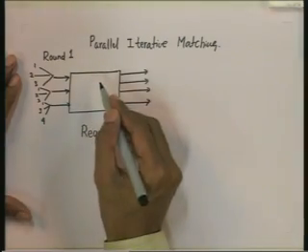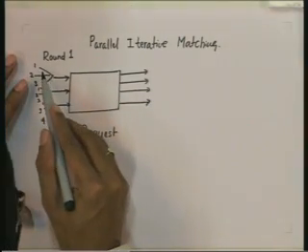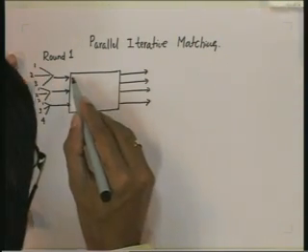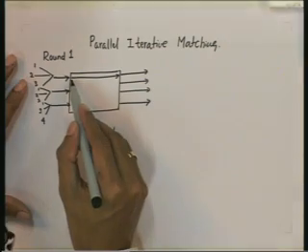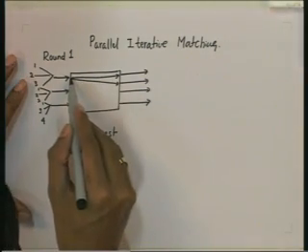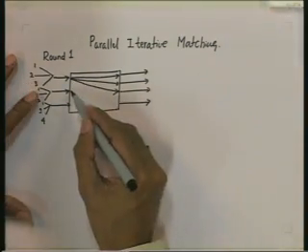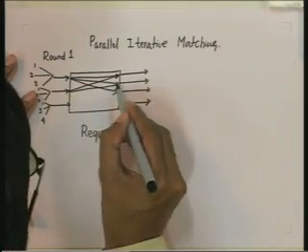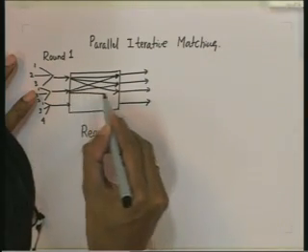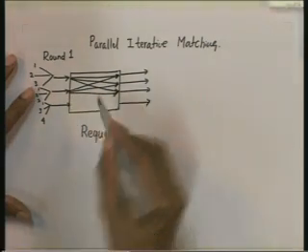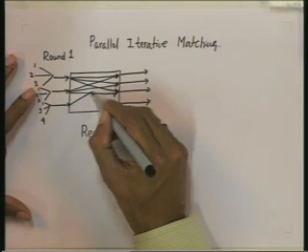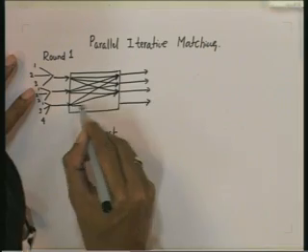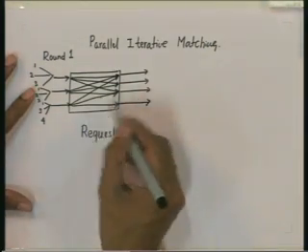This input port has packets to send to output port 1, output port 2 and output port 3, so it will send a request to output port 1, output port 2 and output port 3. Similarly, this will also send a request to output port 1, output port 2 and output port 3. This will send a request to output port 1, output port 3 and output port 4. So, all these requests have been sent.